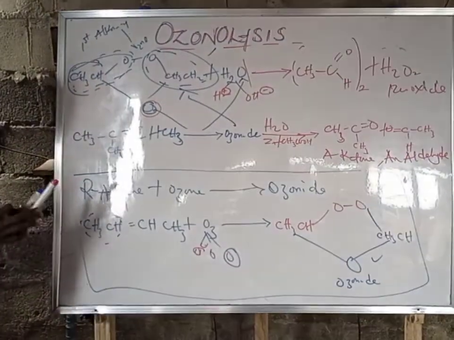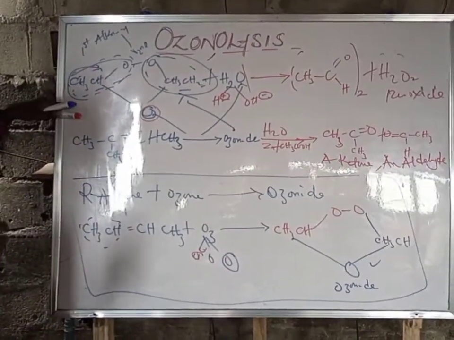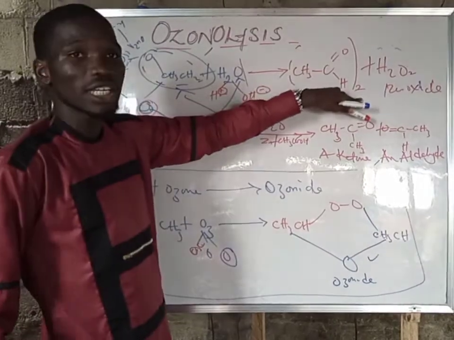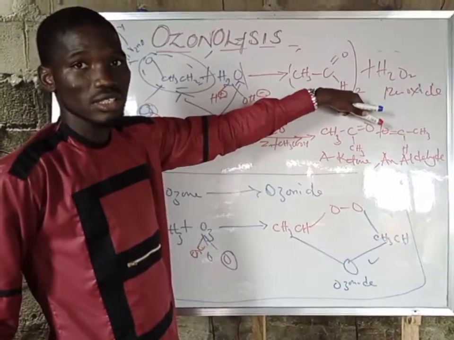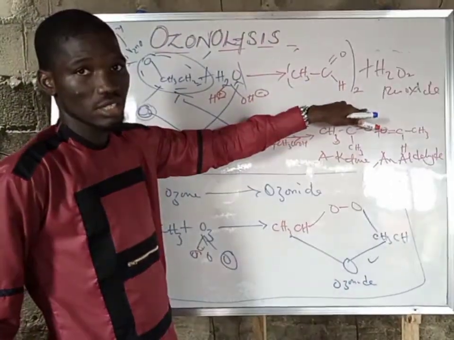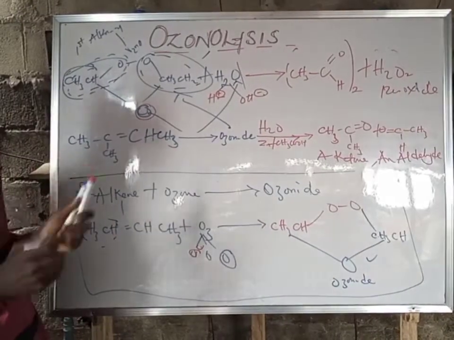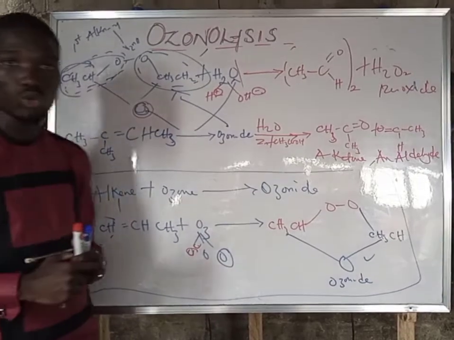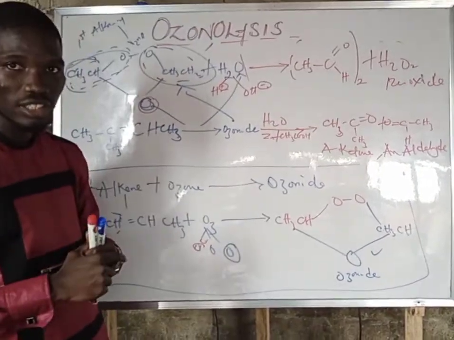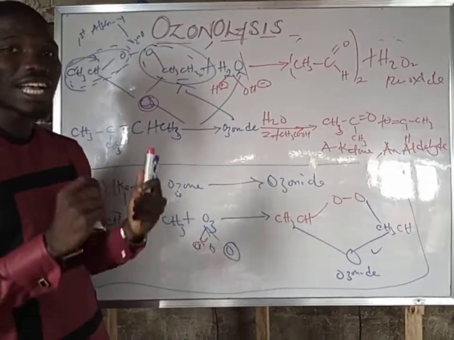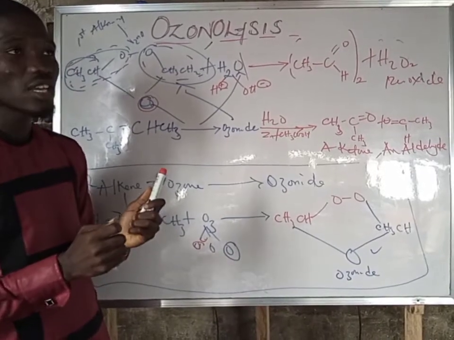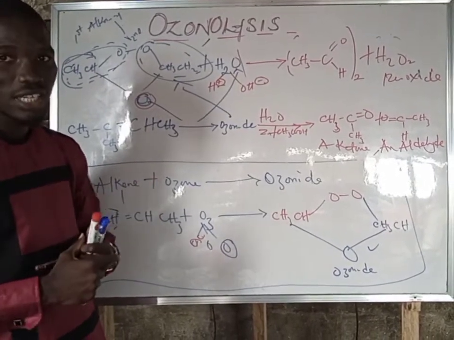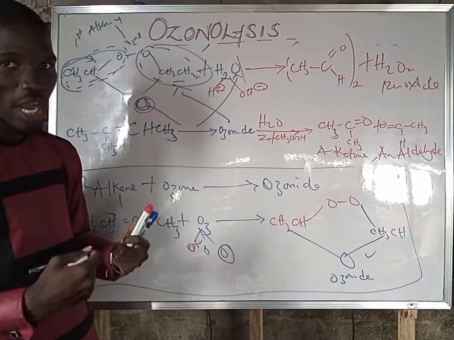And before we end this class, let's go back to this particular mechanism here. This peroxide, when oxidized with a carboxylic acid, is going to yield what we call a peroxide, and that peroxide can be classified as a peracid. That is the oxidation with a peracid.